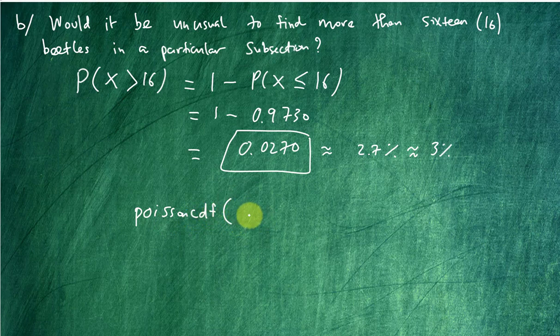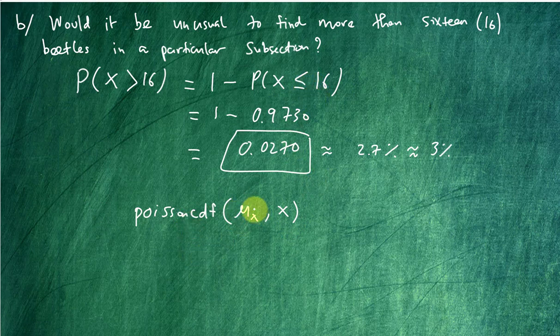So the first argument here is the expected value, mu of x, and the next value is the number of successes, or the random variable x, to get you the P of x less than or equal to 16.